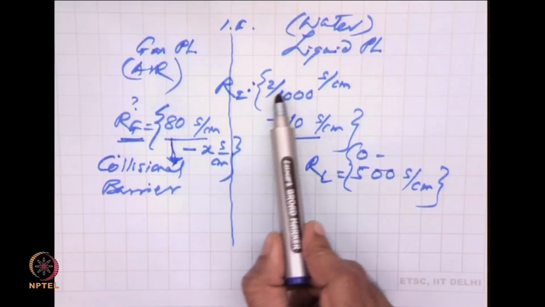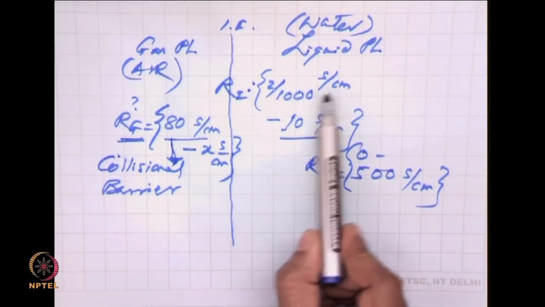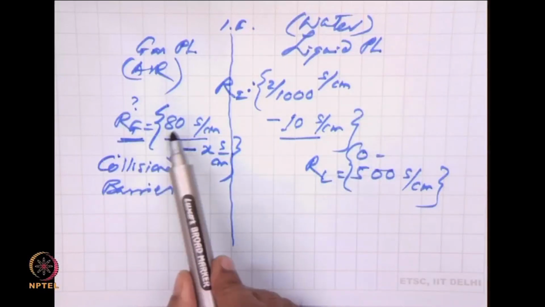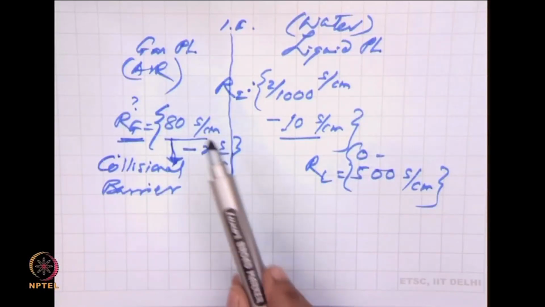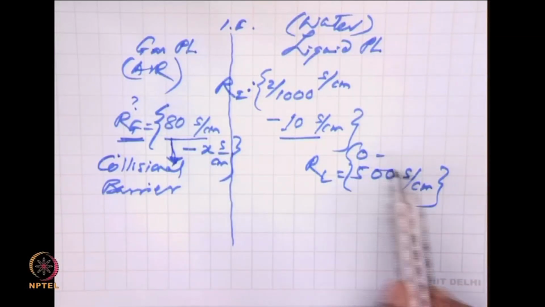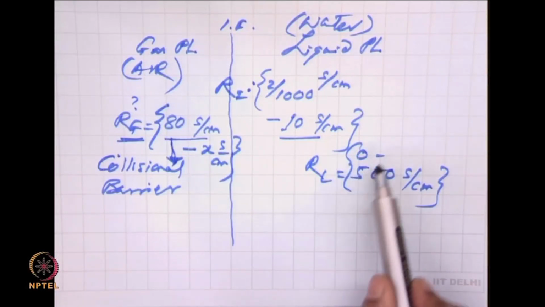Ri is a few thousands to 10 seconds per centimeter, Rg about 80 seconds per centimeter could be reduced to just a few seconds per centimeter by reducing pressure or by increasing mixing agitation, and RL will depend on the situation.